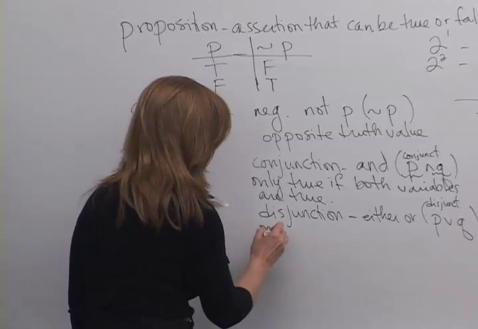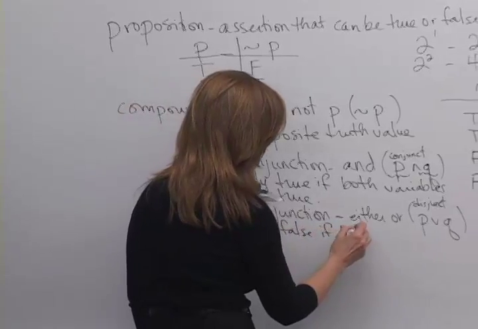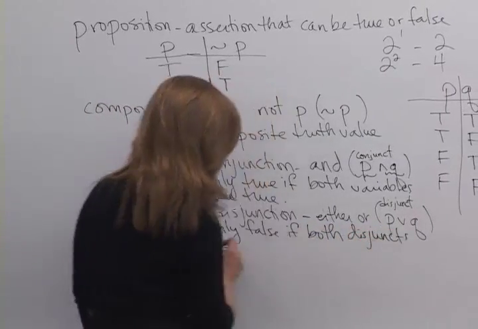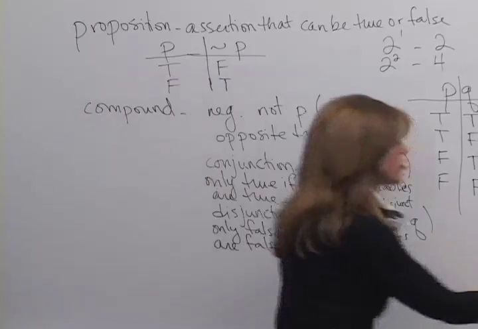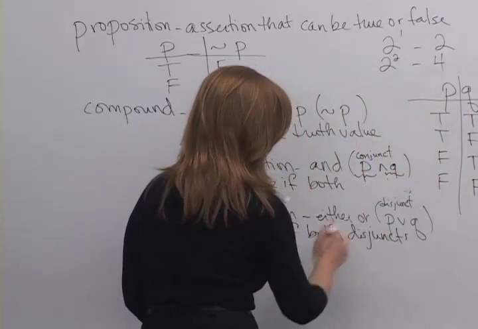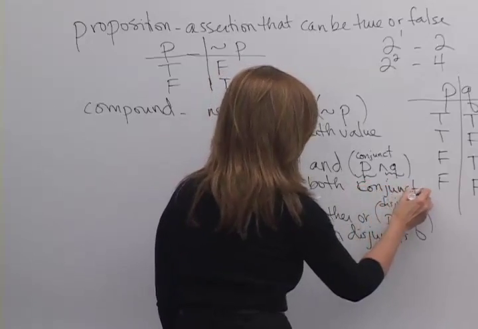So it's only false if both disjuncts are false. And here too we'll make it conjuncts because it could be more than one. So both conjuncts are true.